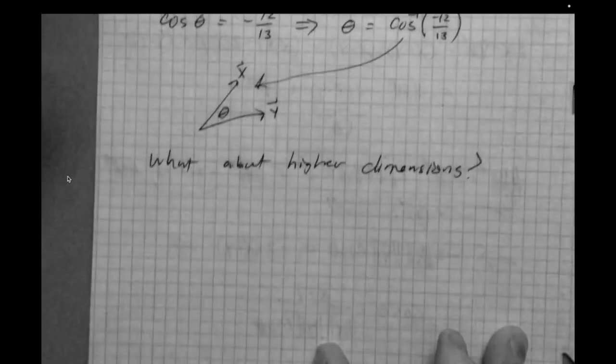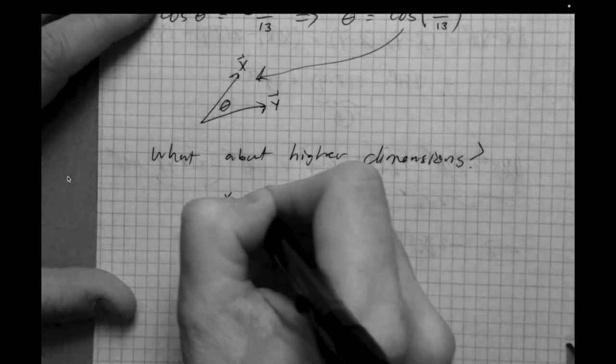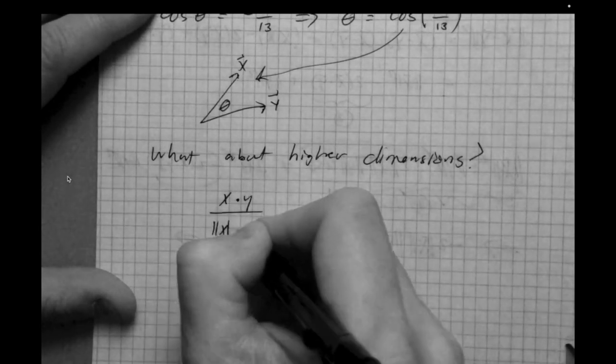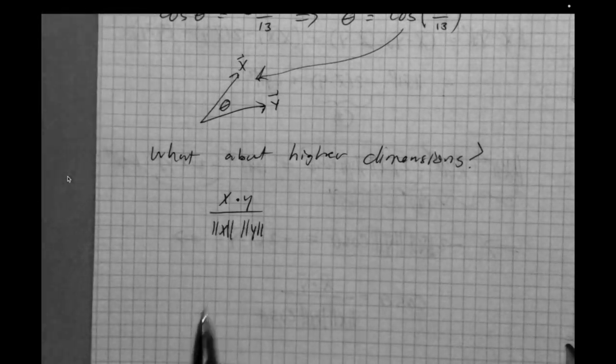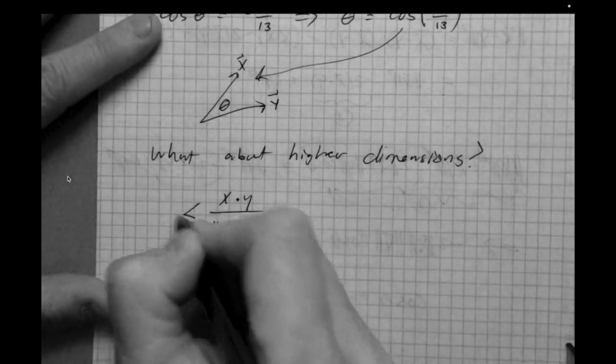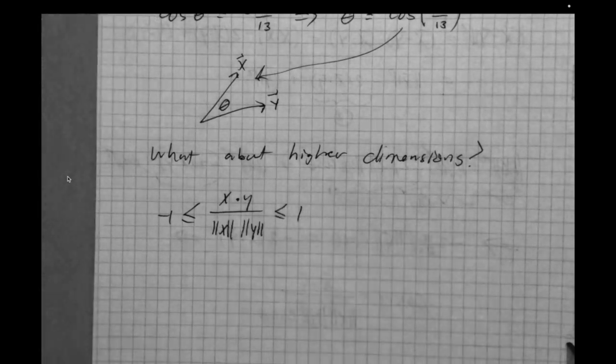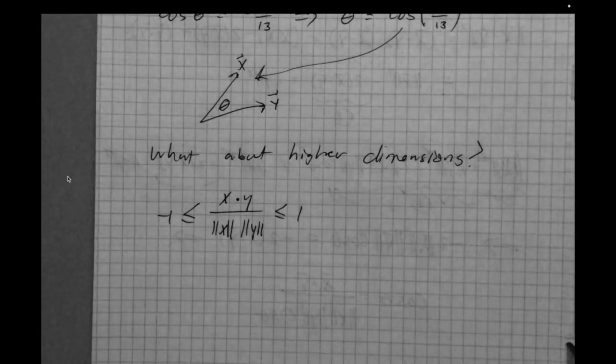Well, notice that x dot y over the norm of x times the norm of y, this ratio is always between -1 and 1. Right, we can see that because of the Cauchy-Schwarz inequality, right?